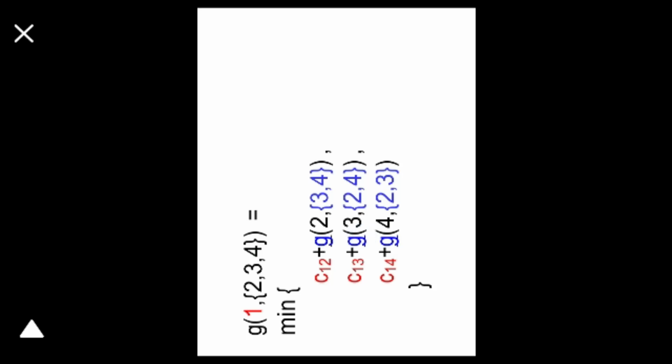Similarly G of parentheses 3 means we have to start with 3, the first element is 3, then in flower braces 2 comma 4 means either 2 or 4. Similarly G of 4 comma {2, 3}, I have to start from 4, then I can reach either 2 or 3.